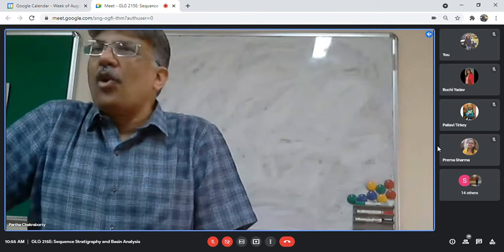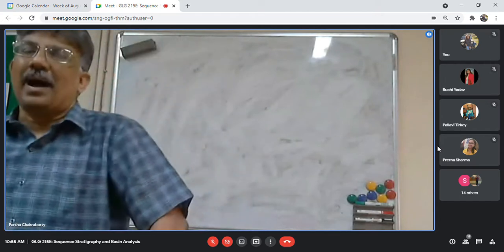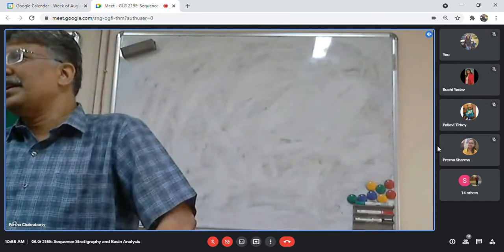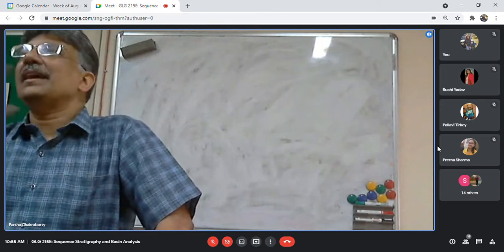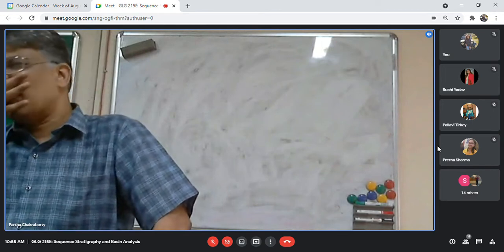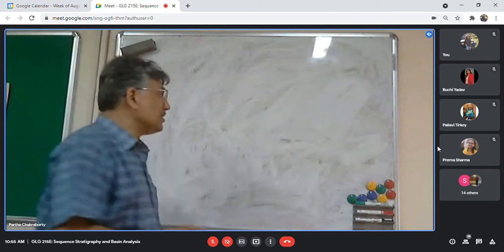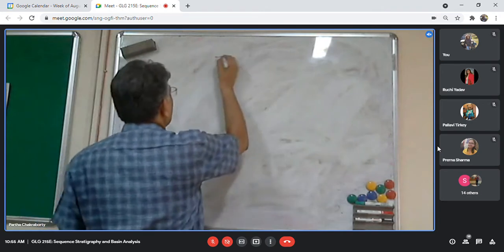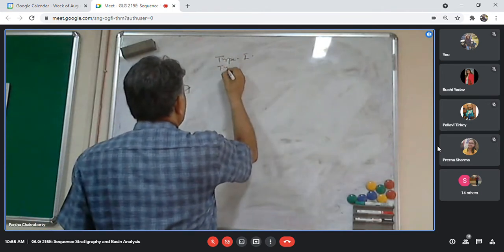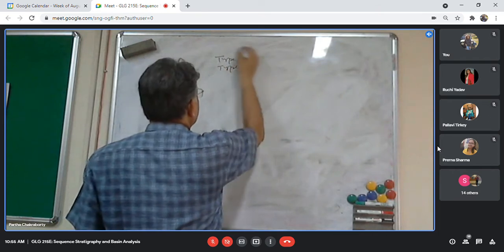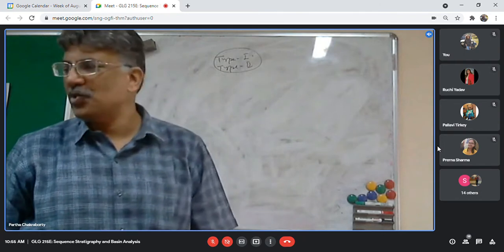This is a combined model, because I will be going into the discussion of the individual parts. Before that, I want to discuss with you the general model of a depositional sequence, which is closed by a type 1 sequence boundary and topped by a type 2 sequence boundary.